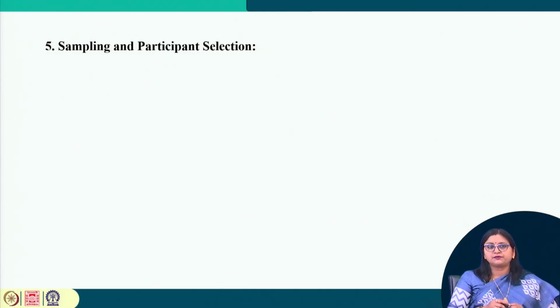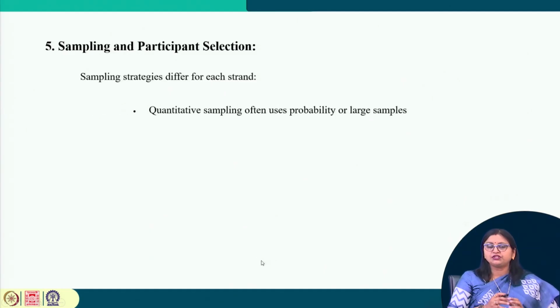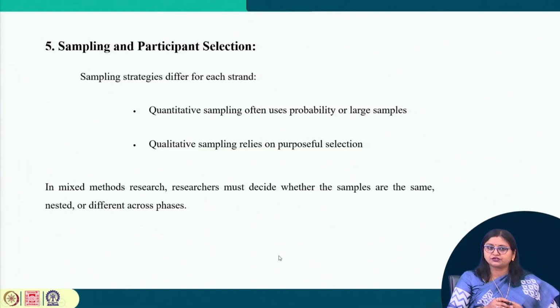The fifth step is sampling and participant selection. Sampling strategies differ for each strand. Quantitative sampling often uses probability or large samples. Qualitative samples rely on purposeful selection.